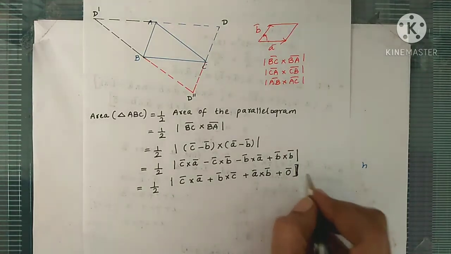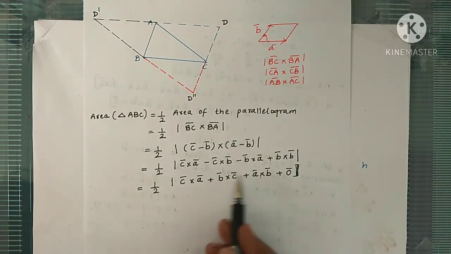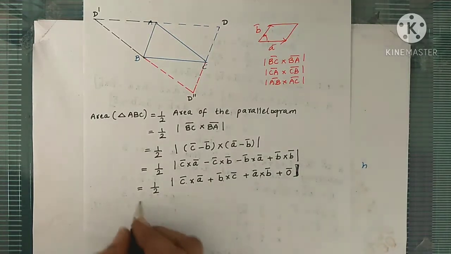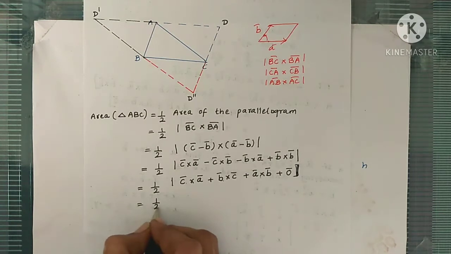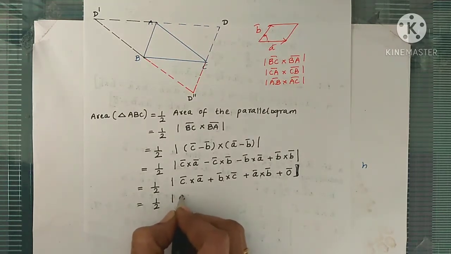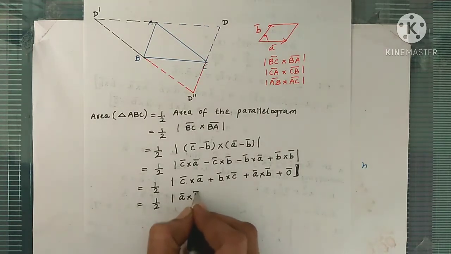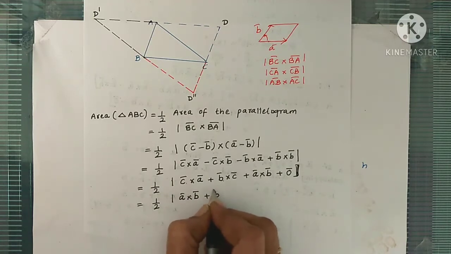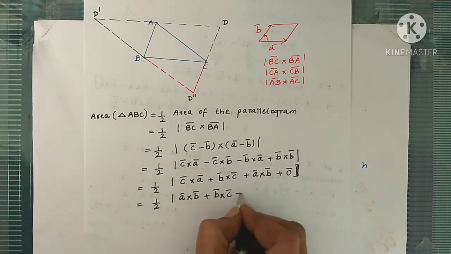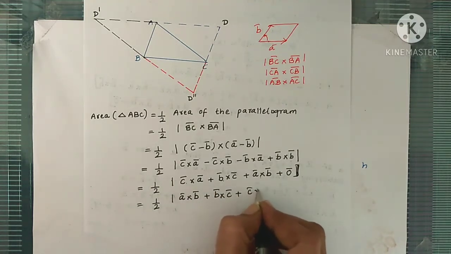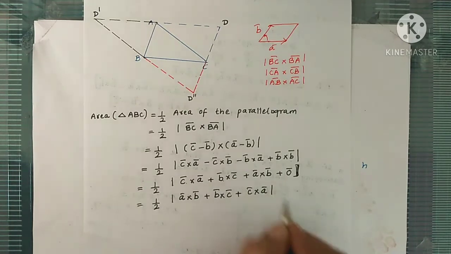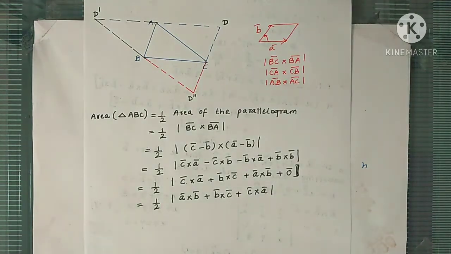It is modulus, sorry: half modulus of A bar cross B bar plus B bar cross C bar plus C bar cross A bar.